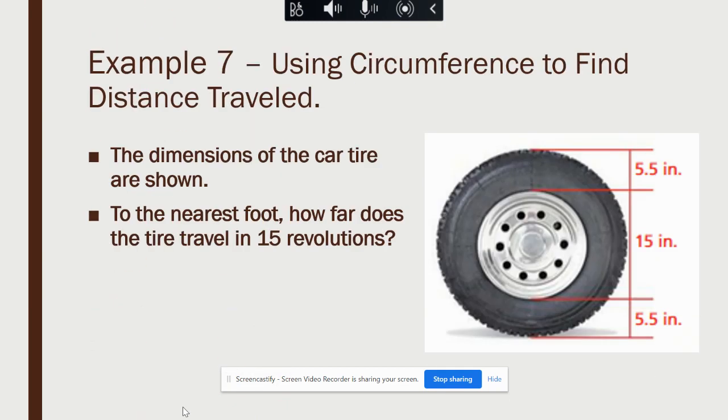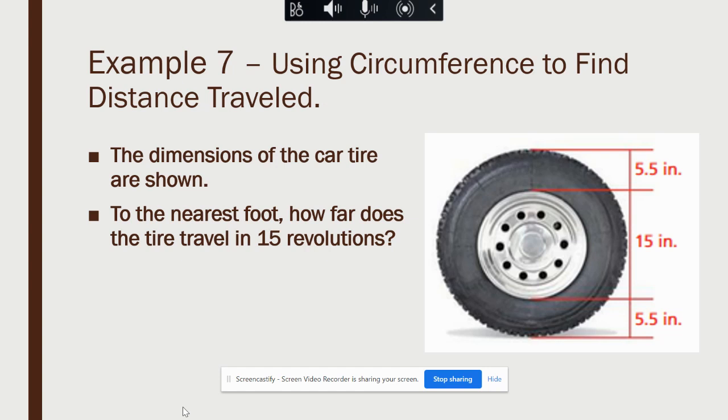All right, so real life problems. Tires. Everybody's interested in tires when we're driving, right? And we all go places in cars, and we like to measure how far we drive, and we like to measure different parts of the tires to tell us how fast we go, and all sorts of different measurements can be used on these tires, right?